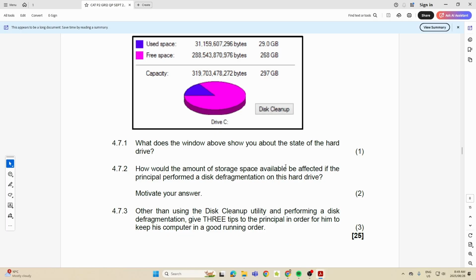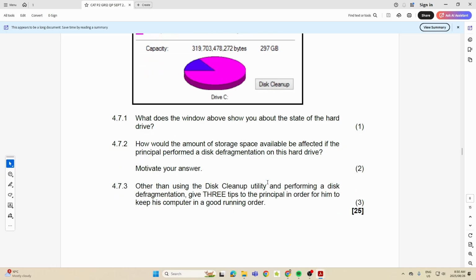How would the amount of storage space available be affected if the principal performed a disk defragmentation? What did we say earlier? The disk defragmentation is going to look through this used space, is going to see if there's any other fragments of those files, put it together. It will speed up the PC but not give you more free space.